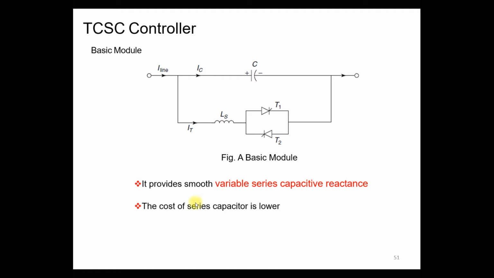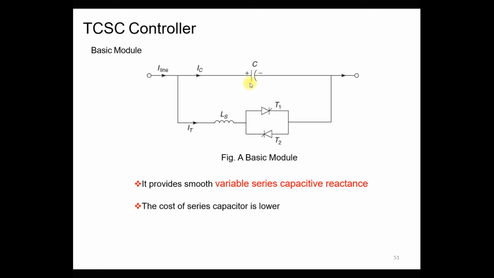This TCSC controller works as a variable series capacitive reactance. Here we connect the fixed capacitor in series with the line, but by firing angle control of this anti-parallel pair of thyristors, you can insert or disconnect this fixed capacitor in series with the line.